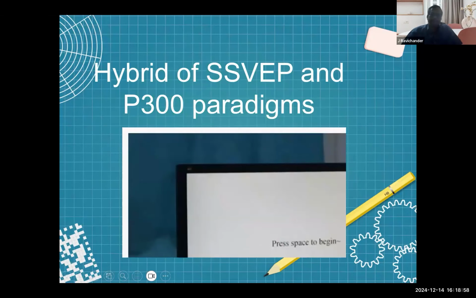This is regarding hybrid BCI. Hybrid means we can use two or more paradigms. It is a combination of two or more paradigms. That is called a hybrid paradigm.